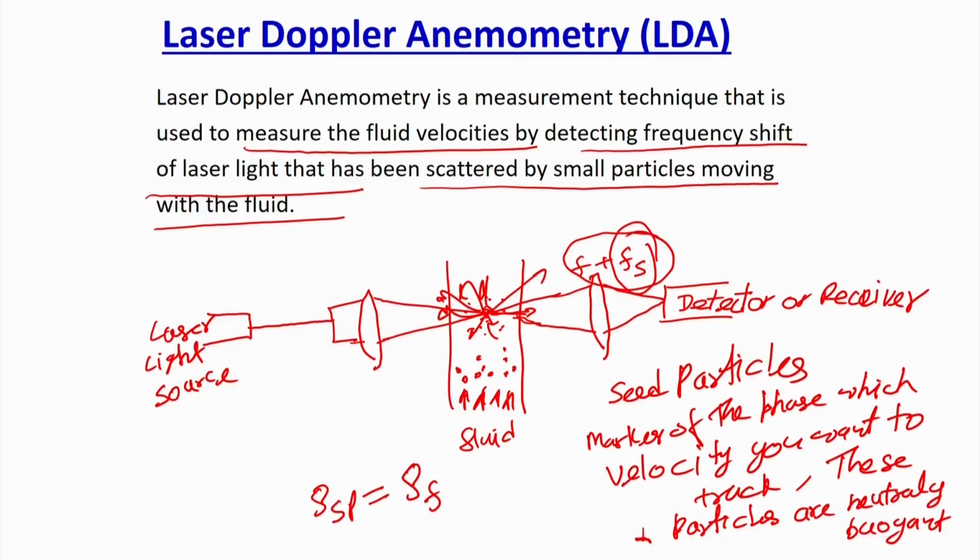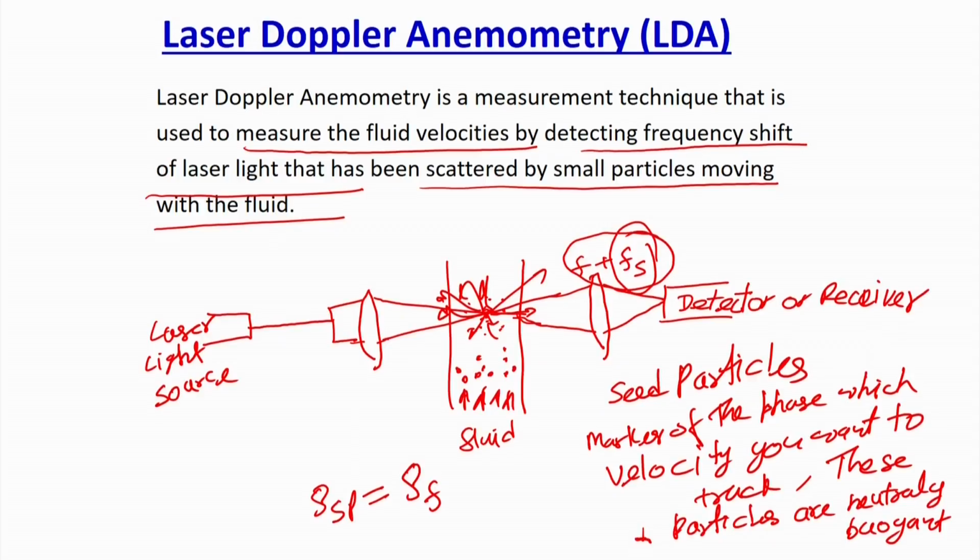So, if the particles are very, very small and following the path of the fluid, their velocity and the fluid velocity will be equal, and the velocity of these particles can be directly correlated with the Doppler shift in the frequency observed at a receiver.